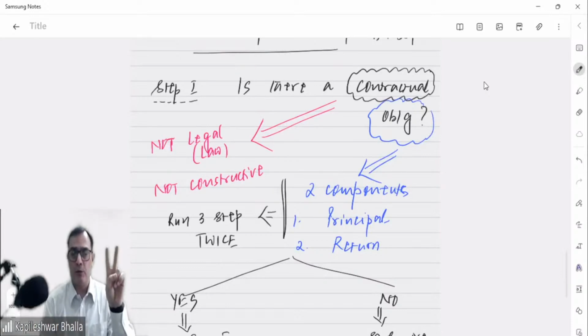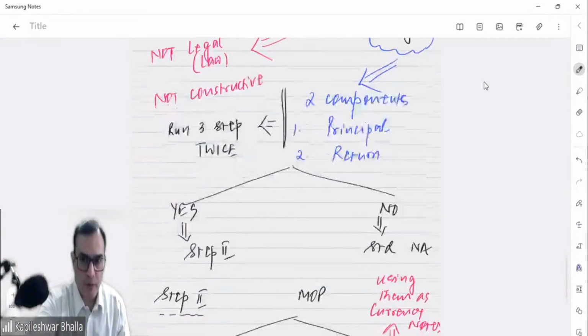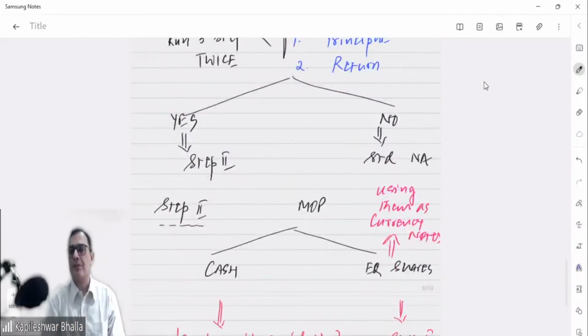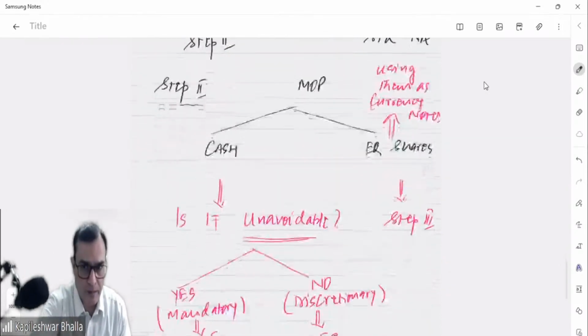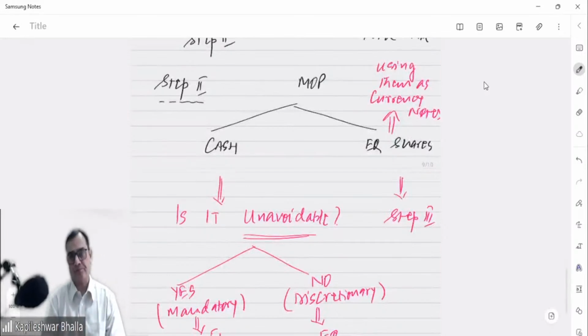Then focus number 2 is that there has to be an obligation which has two components, the principal component and the return component. So you need to run your three-step model twice. Run it for the principal separately, run it for the return separately, because there are two modes of payment. Once you reach a conclusion that yes, the obligation is contractual in nature, you go to step number 2. Otherwise, the standard is not applicable.